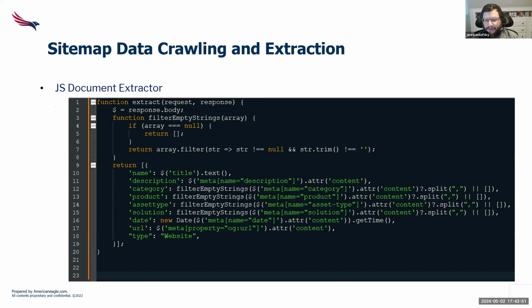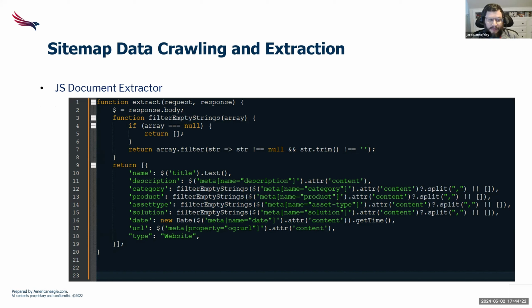It's a subset of core jQuery, which is funny to say because as developers, we don't really touch that anymore, but it was really useful and pretty easy to use for this project, and we really enjoyed it. You can hard code data in here. You can write your own JavaScript and your own logic, whatever you need to do. You'll see it says function extract. Some of the stuff is just boilerplate. Then we have a response.body, and we handle what we want to do and return our object.